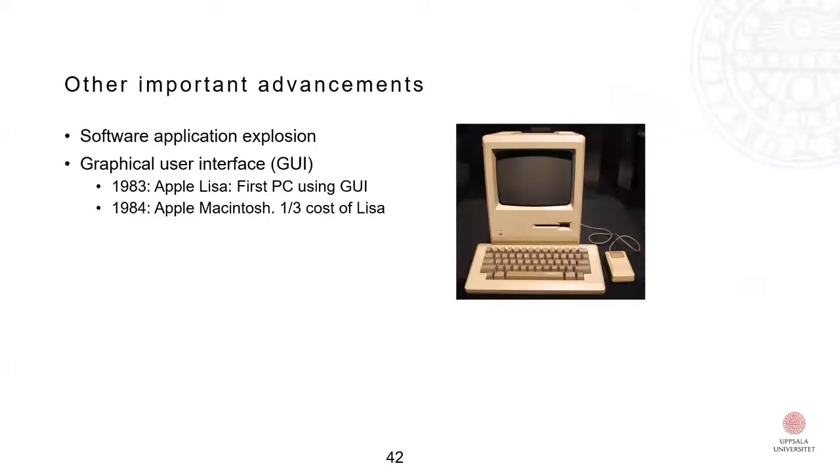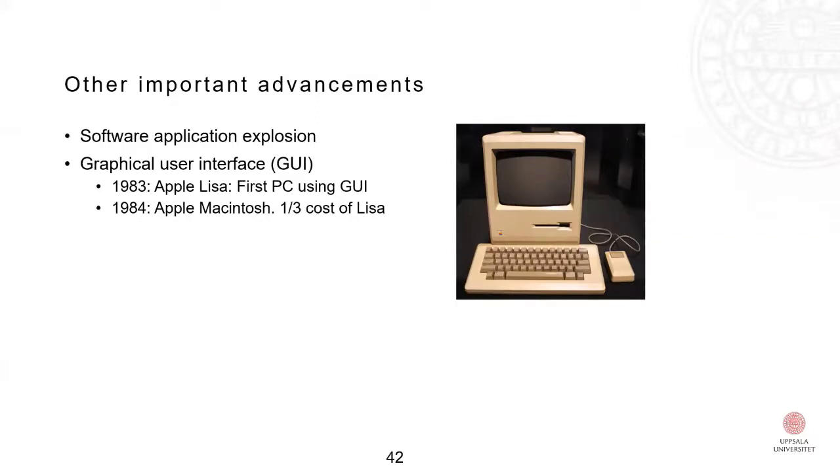We had more advancements in this generation. We had a software application explosion, because now at this point, programs could be saved on the computer. So software applications could be born. You could have a piece of software that you develop and sell to others or share with other people.